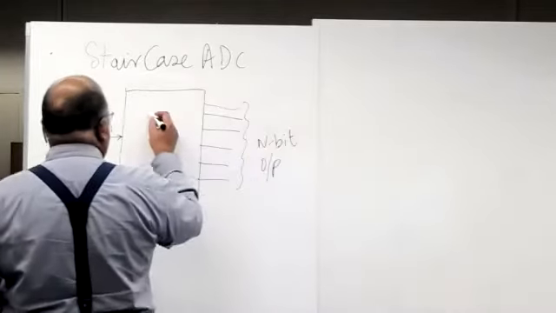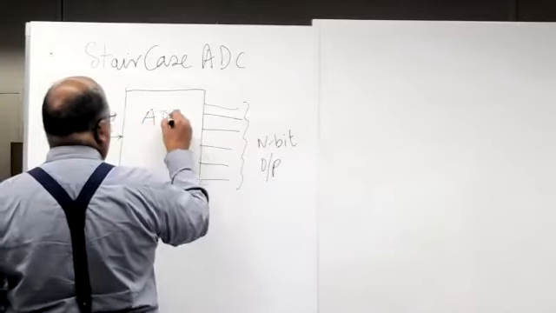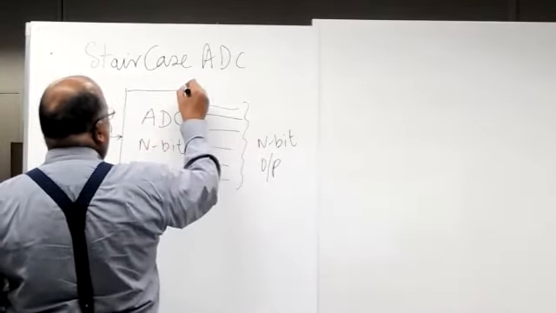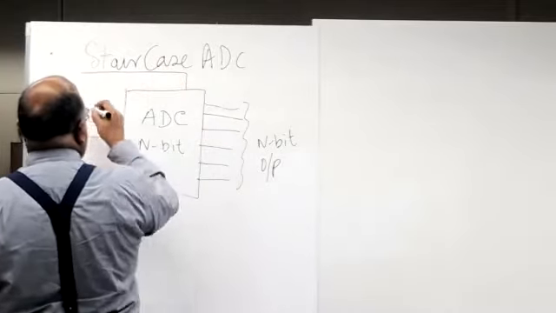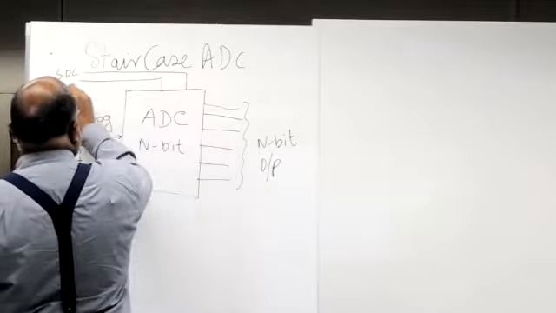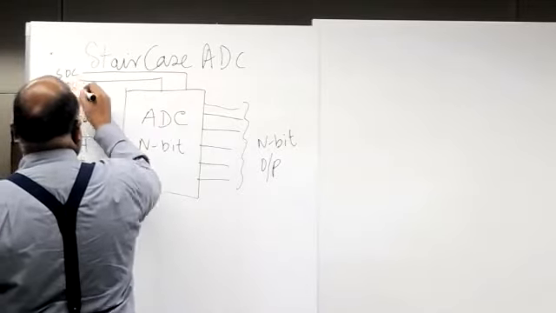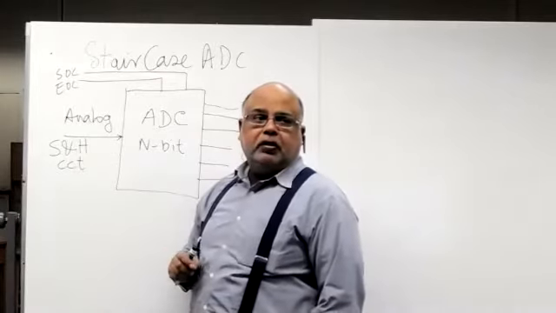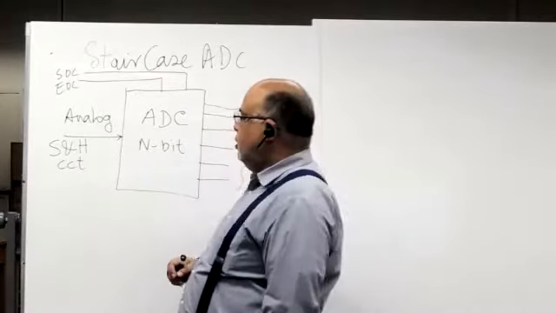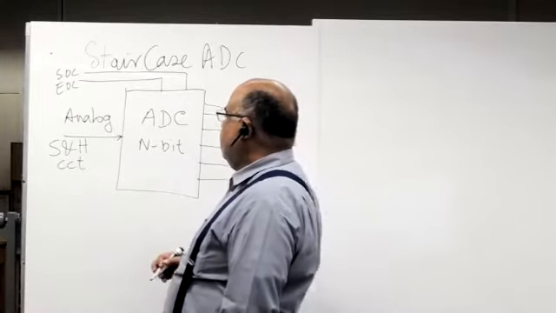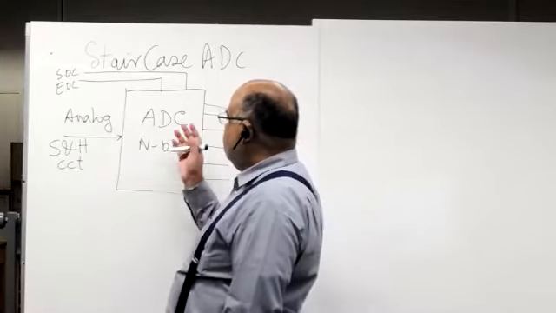This is the actual ADC. Here you have a start of conversion signal, and here you have an end of conversion signal. Start of conversion also goes to the sample and hold circuit because it locks the input, takes the sample of the input, and then holds it until the conversion is done.